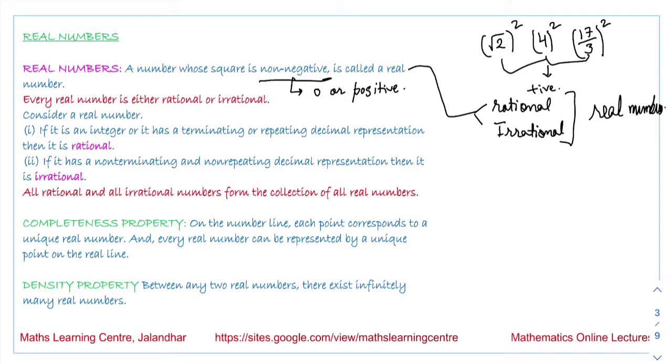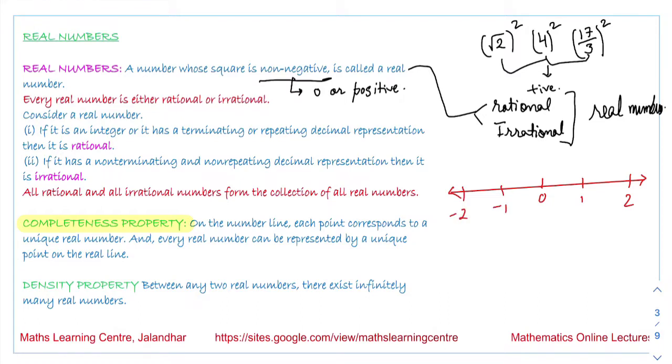Now the next property we have is the completeness property. What the completeness property says is that on the number line each point corresponds to a unique real number. We have started drawing the number line like this: first of all we have drawn the integers. This is the point 0, this is the point 1, this is 2, minus 1, minus 2.